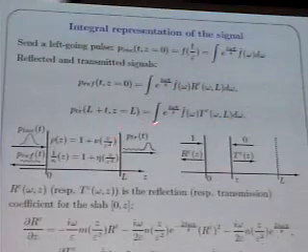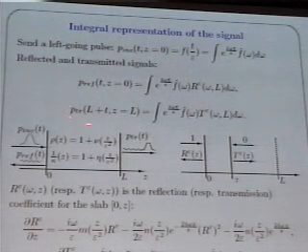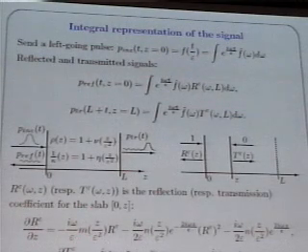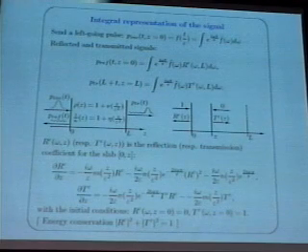And what you get is that for each frequency, here I have an integral representation of the reflected pulse. Here I have a representation of the transmitted pulse, the one which is going through the slab. And here you have a set of 2 ordinary differential equations describing the evolution of these reflection and transmission coefficients. And what you get is very similar to the toy model.